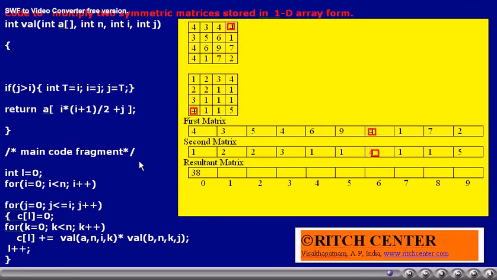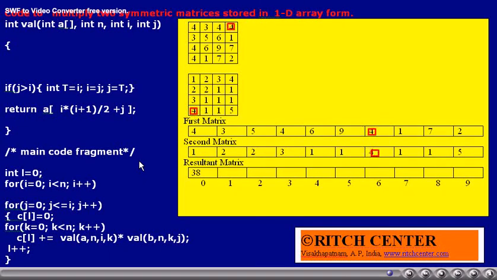They are multiplied, and thus we have got 38. However, remember, while accessing the row elements or column elements of the matrices, we have really taken them from their 1D representations only, with the help of the function val.